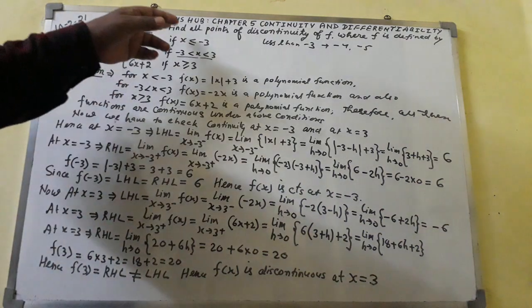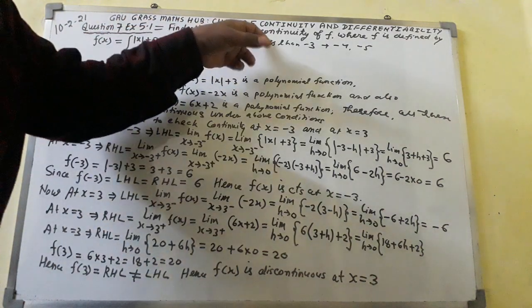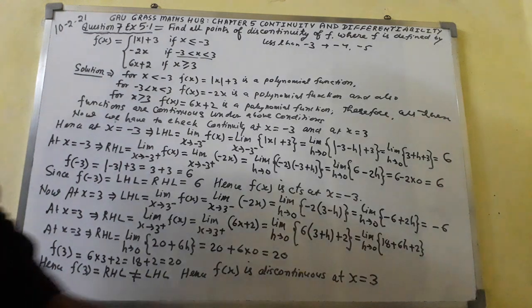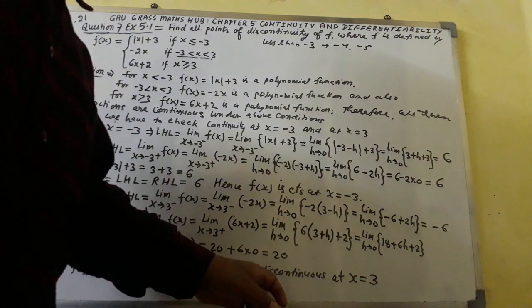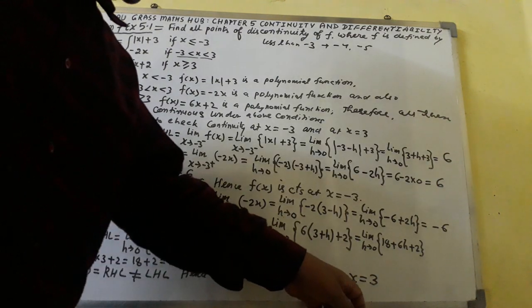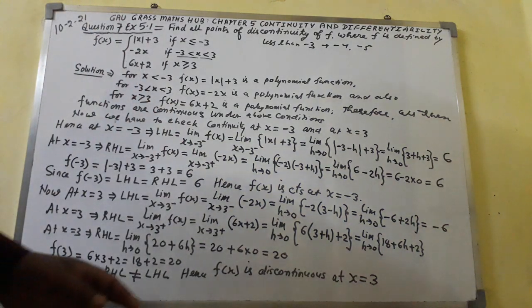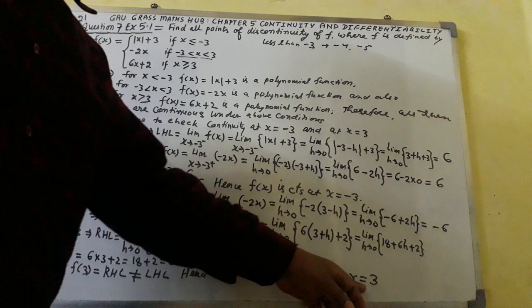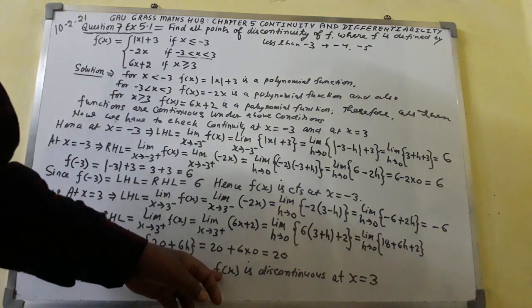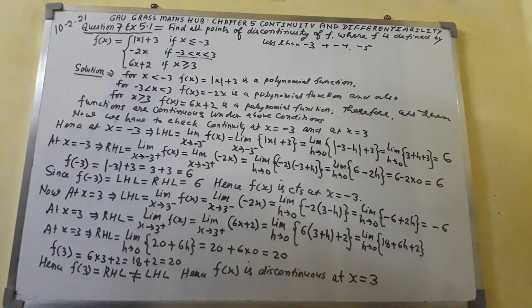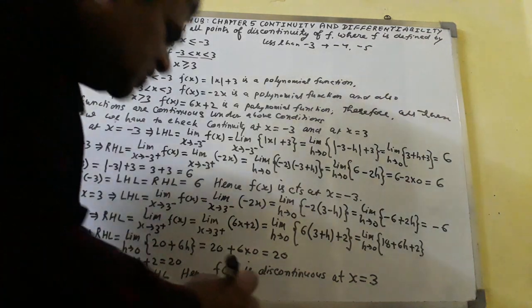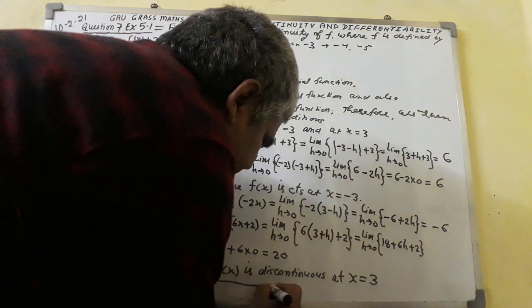So here, find all the points of discontinuity of f. The f of x is discontinuous at x equal to 3. So here the answer will be: at x equal to 3, f of x will be discontinuous. So this will be the answer.